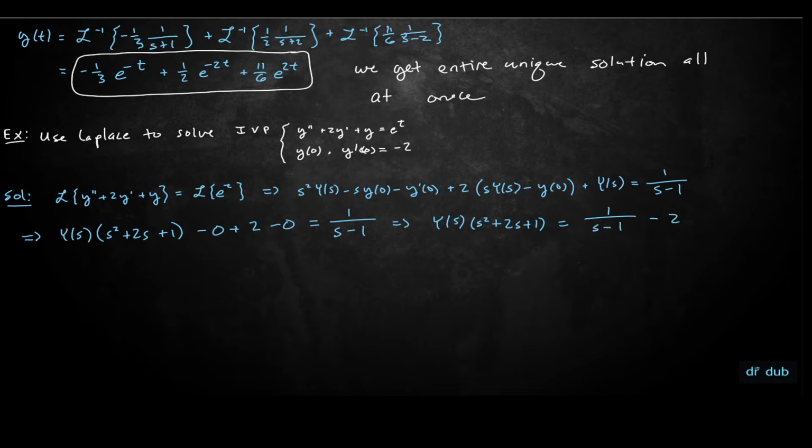Again, find a common denominator on the right. So multiply top and bottom by s minus 1 over here. Get that common denominator. So we get Y of s times s squared plus 2s plus 1 equals 1 minus 2 times s minus 1, all over s minus 1.